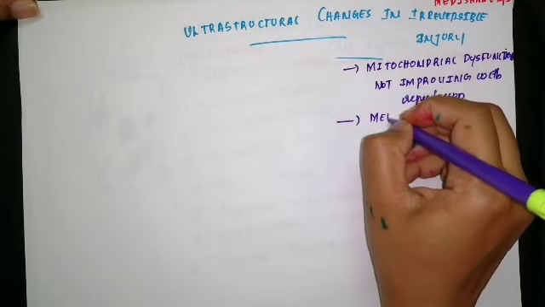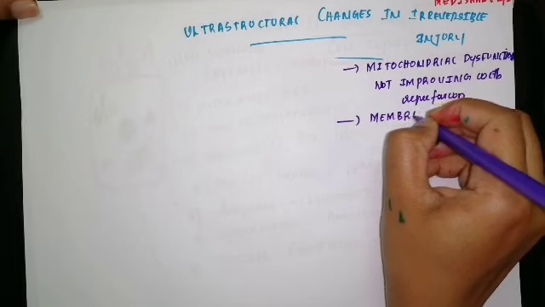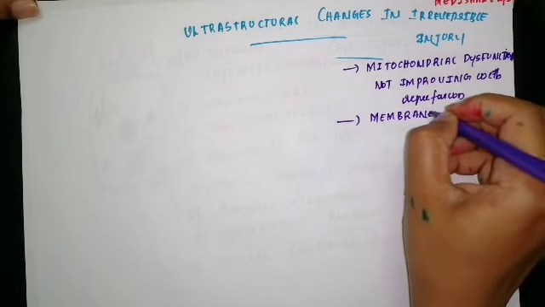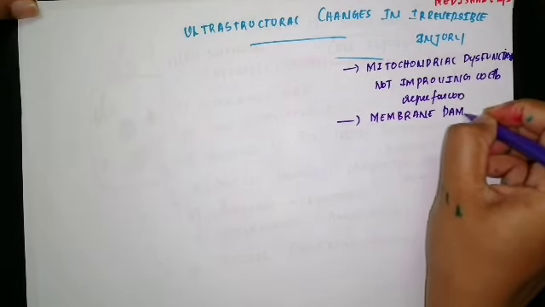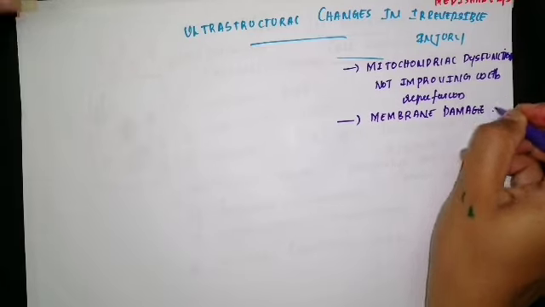Membrane damage is continuing. These are the features of irreversible cell injury: membrane damage with mitochondrial dysfunction, not improving with reperfusion.